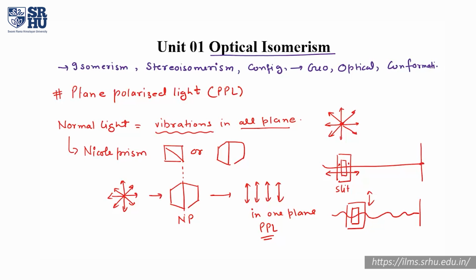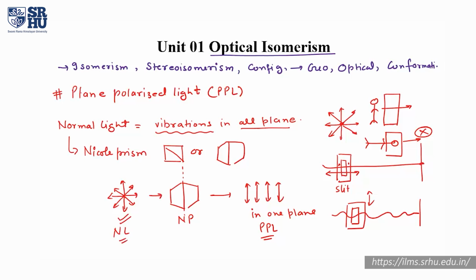Take another example. Say a man is passing through a door. He will only pass when he is in the vertical direction. If you try to pass this man horizontally through the door, it will definitely not pass. It is not possible. In the same way, this is a normal light.